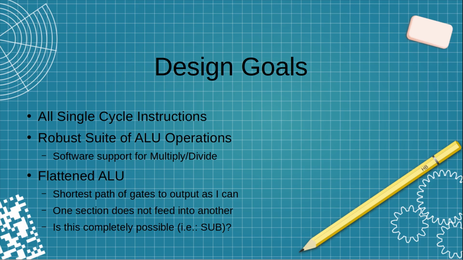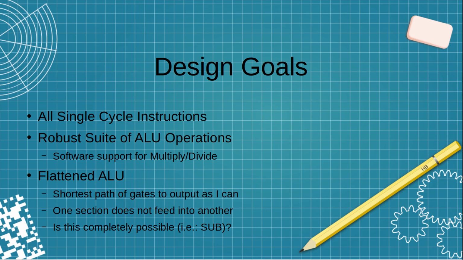I do want to flatten the ALU, meaning I want to have a very short path of gates from the inputs to the outputs. That means I'm going to end up stretching out the operations wide across the ALU with inputs going to several different things at the same time. But I will select which output goes back onto the main bus based on which instruction I'm actually executing.